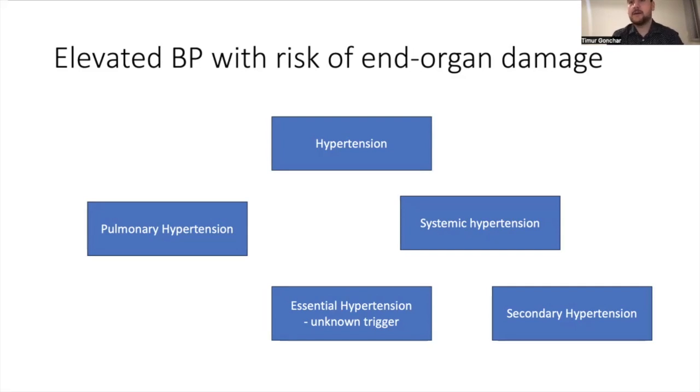We do not know the cause of this disease, but we call it primary hypertension since we cannot identify a real cause of this disease. The second type is secondary hypertension, secondary due to some disease, and we are going to cover some of the pathologic processes that can cause elevated blood pressure.